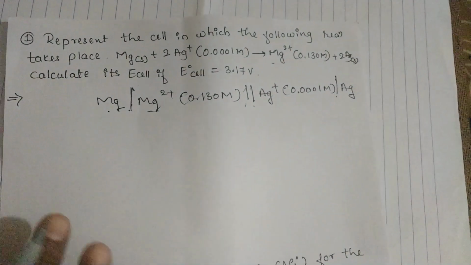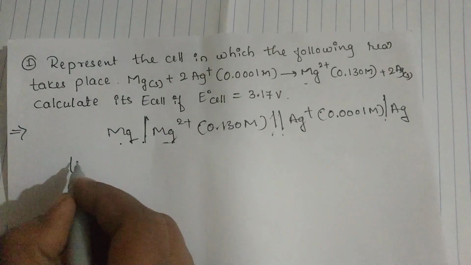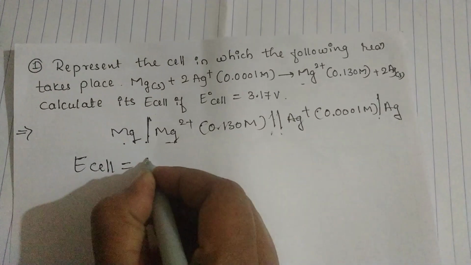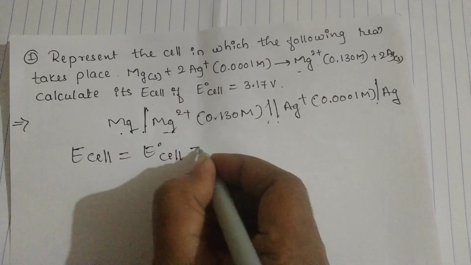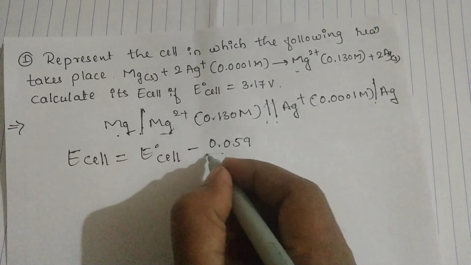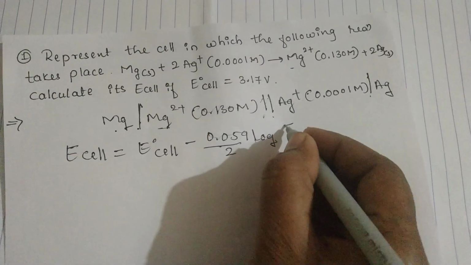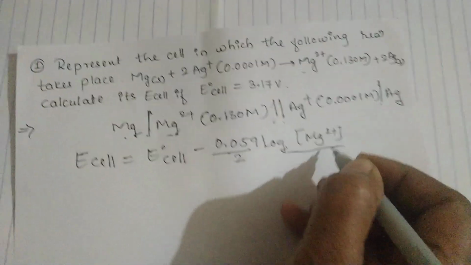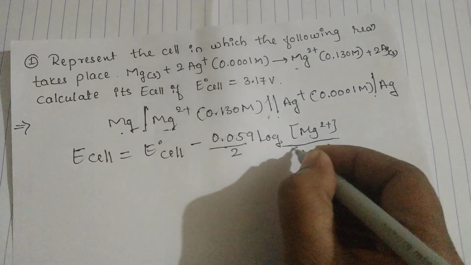Here we have to use the formula E cell is equal to E0 cell minus 0.059 divided by 2 into log of Mg2+ divided by Ag+ squared.